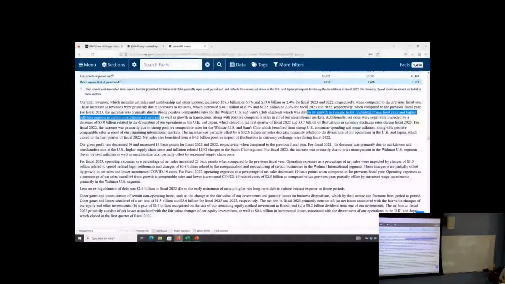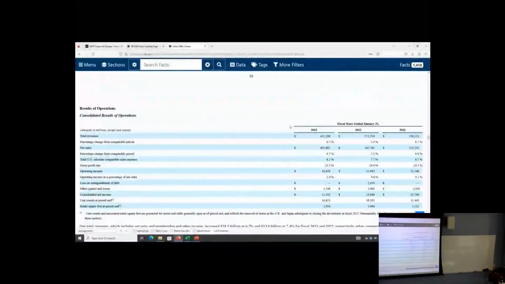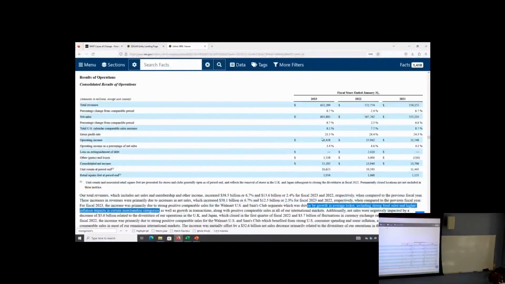But a lot of that is being driven by increases in food sales plus inflation of the goods being sold by Walmart. So basically what this is saying is the revenue growth that we've seen over this time period, and there was significant revenue growth, an almost 7% increase in revenue, a lot of that was driven by inflation. There was a mix of increased nominal sales, so more customer traffic, but much of it can be attributed to inflation over this time period.